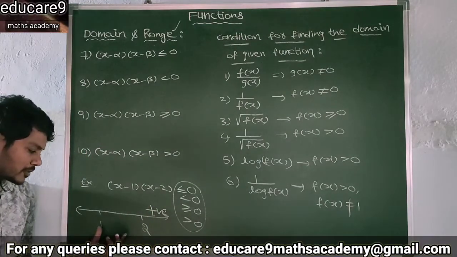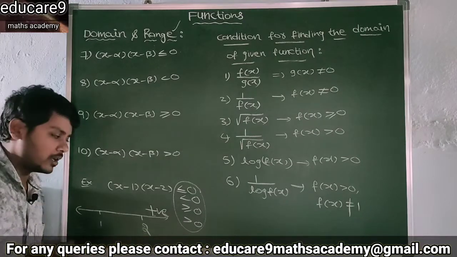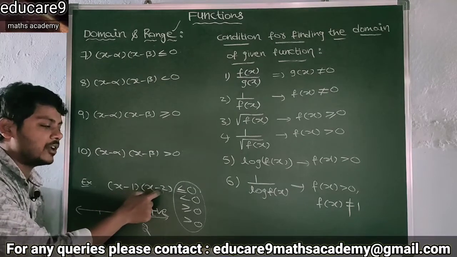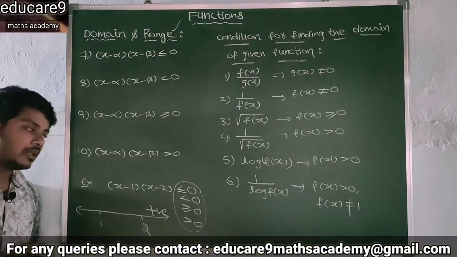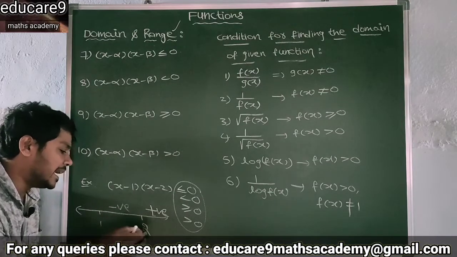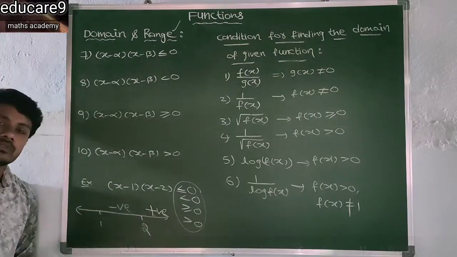If you substitute between 1 and 2, for example 1.5: 1.5 minus 1 is positive, 1.5 minus 2 is negative. So positive into negative is negative. Then clearly if you substitute any value in the interval 1 to 2, this expression gets a negative sign.